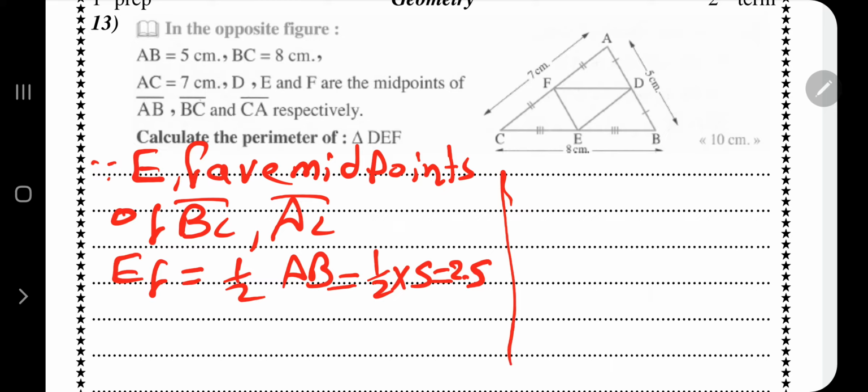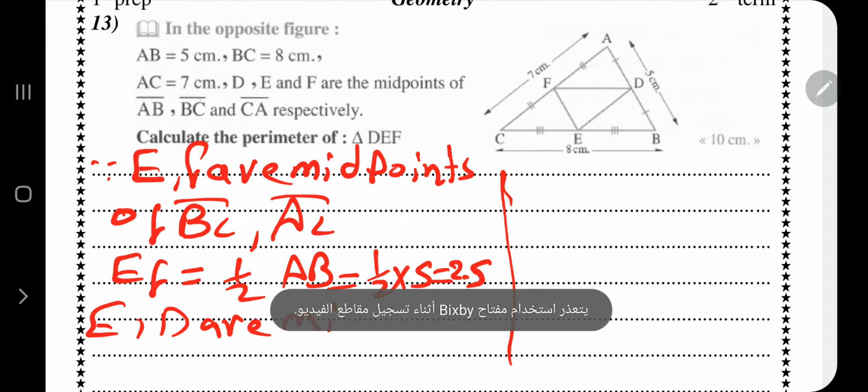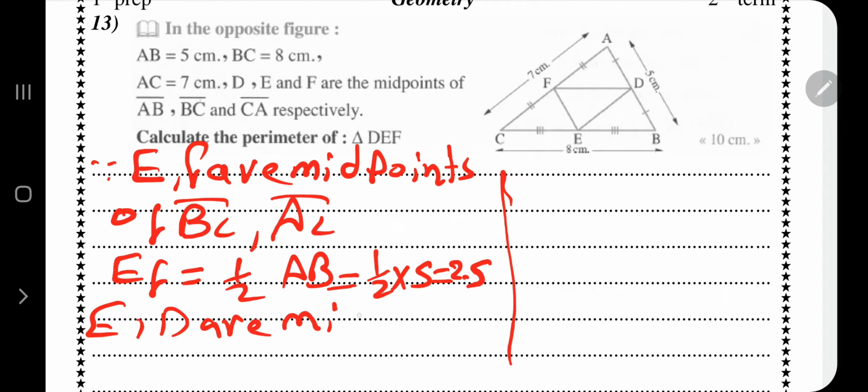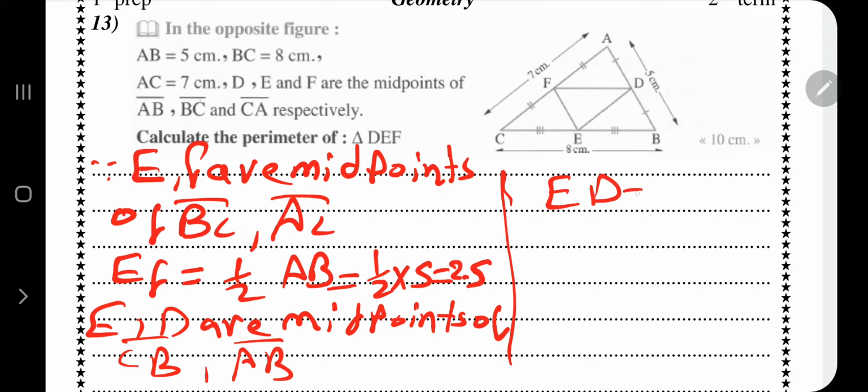By the same steps, I will choose E and D. E and D are midpoints of CB and AB, that means ED equals half AC, half times 7, which equals 3.5.